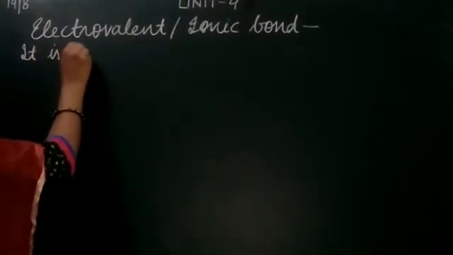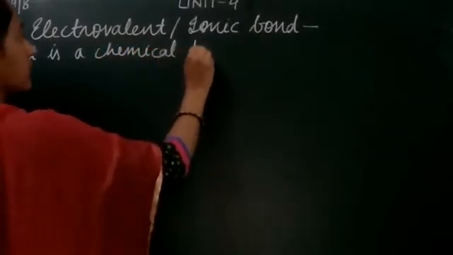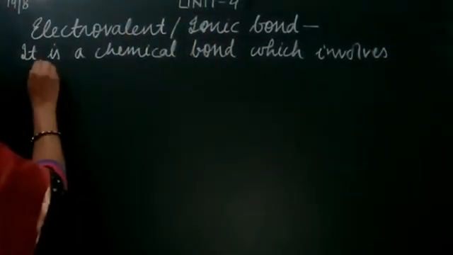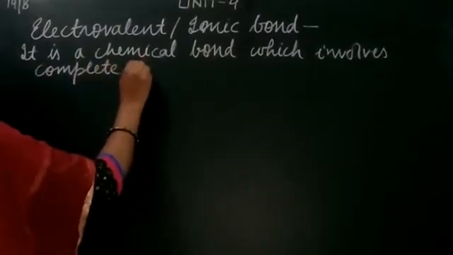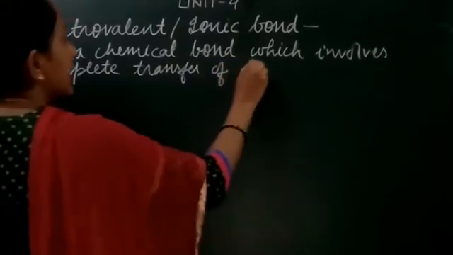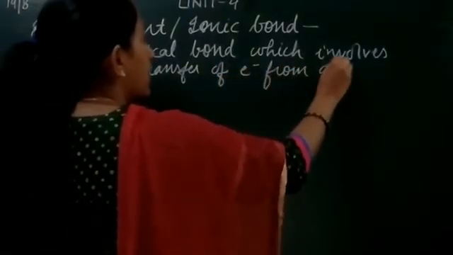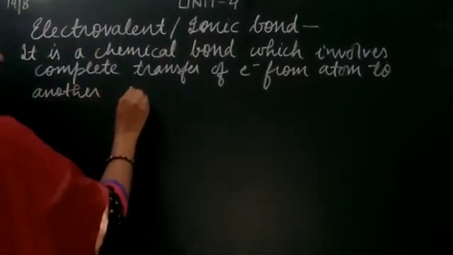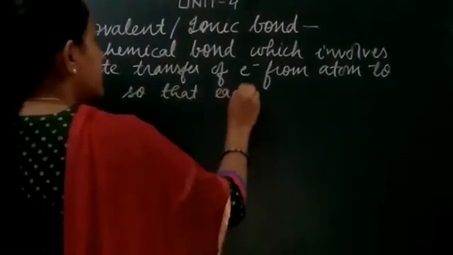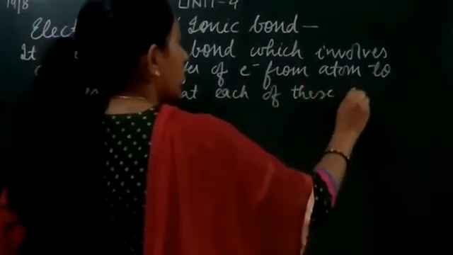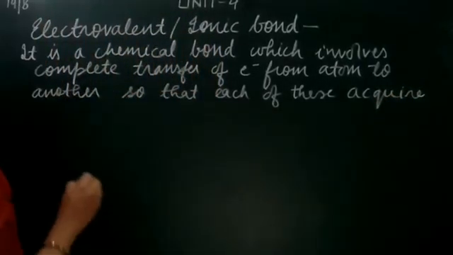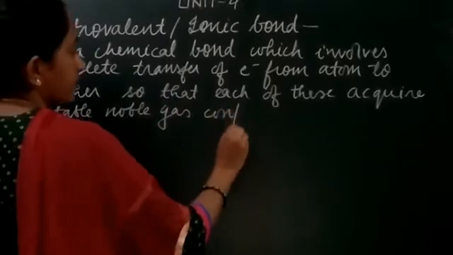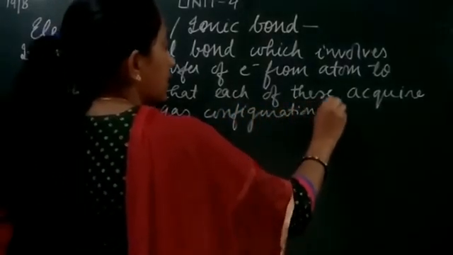So, it is a chemical bond which involves complete transfer of electron from one atom to another so that each of these acquires the stable noble gas configuration of outermost shell.